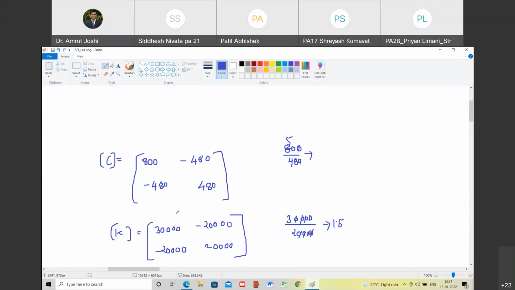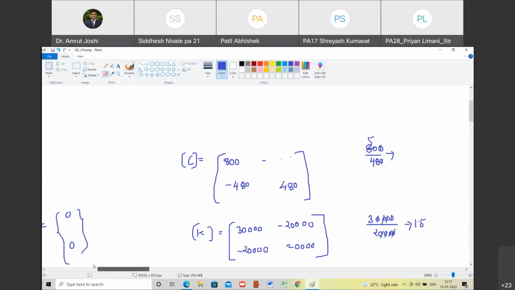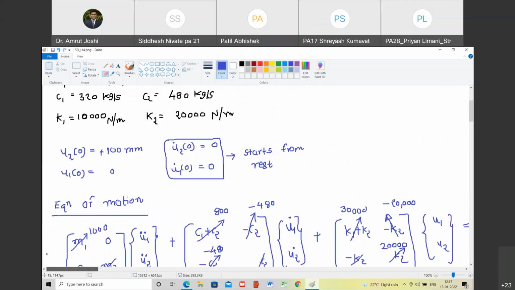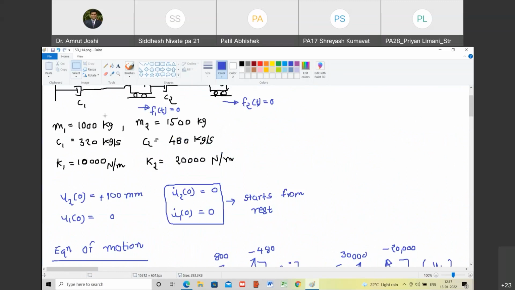So if I have to maintain this ratio as 1.5, what should this value be? We will have to change these two values. So let me change those values and we will revise the C matrix.